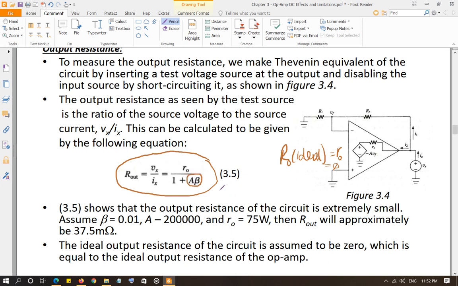Beta is, let's say, 0.01, A is 200,000, so it is going to be a very large value, and R out is about 75. This is not watt, sorry, this is ohm, 75 ohm. So your output resistance, if I use these parameters, will be 37.5 milliohm. Extremely small. Should we assume it is approximately equal to 0? Why not, right? No harm.